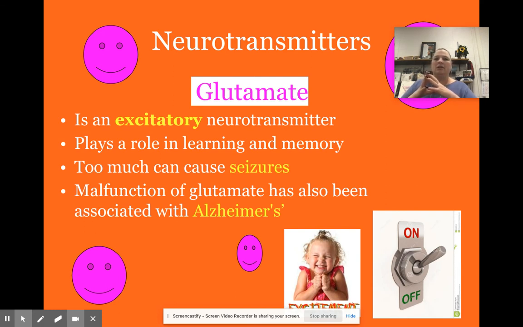Yeah, that they start forgetting things, right? Eventually they forget their family, they forget a lot, right? So they actually have connected that to a malfunction of glutamate in their system, believe it or not. So just remember, this is your excitatory transmitter. Makes you excited.